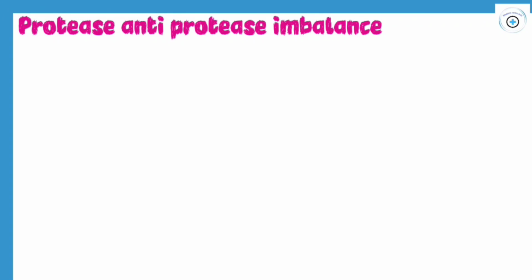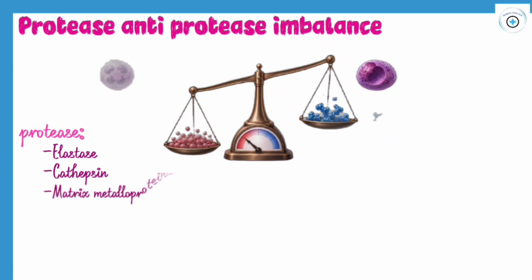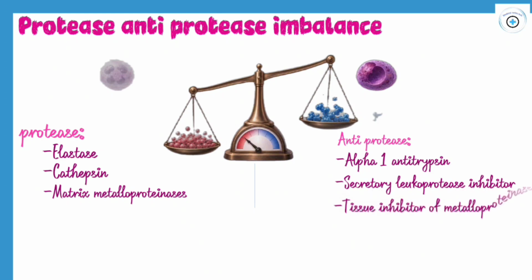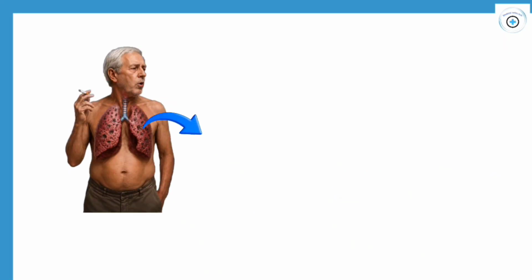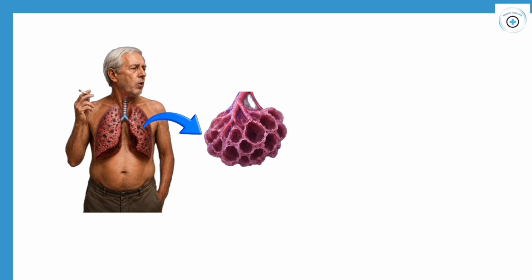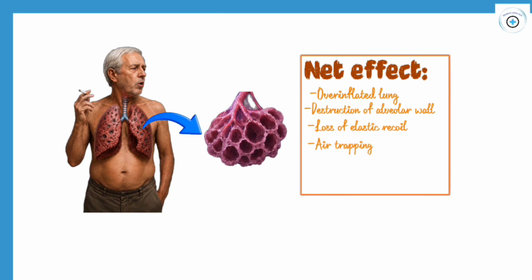So proteases like elastase, cathepsin, matrix metalloproteinases become more than antiproteases like alpha-1 antitrypsin, secretory leukoprotease inhibitor and tissue inhibitor of metalloproteinases. So net effects are overinflated lung, destruction of alveolar wall, loss of elastic recoil, air trapping, reduced surface area for gas exchange and impaired oxygenation.